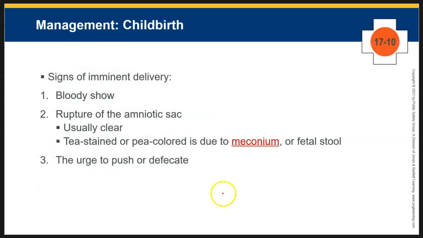Signs of an imminent delivery will be rupture of the amniotic sac, which is typically the clear fluid encased there, the amniotic fluid. Occasionally, it's going to have some coloration just due to stool from the fetus being part of that fluid.